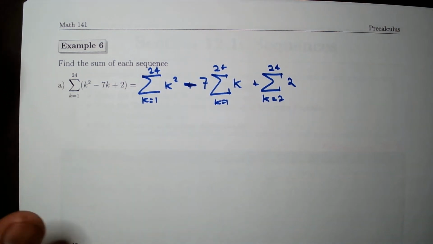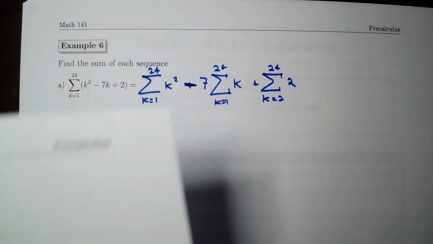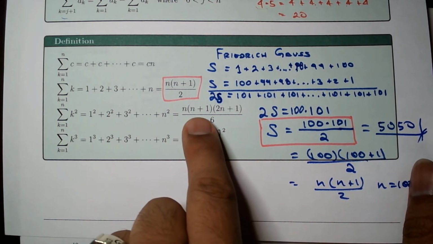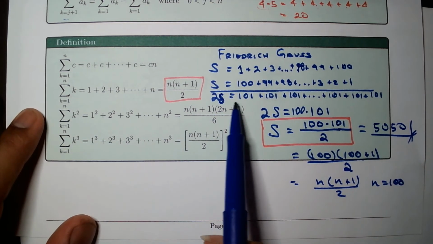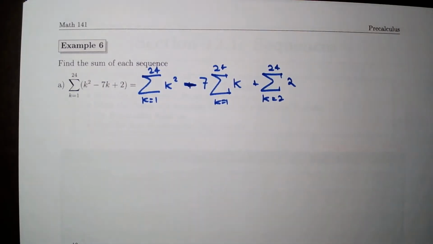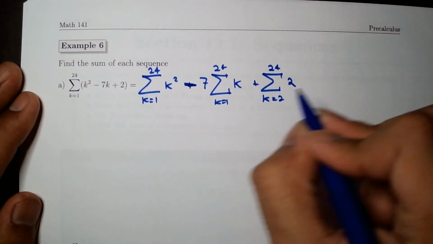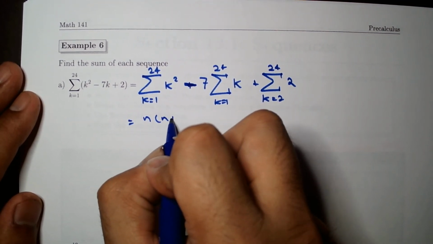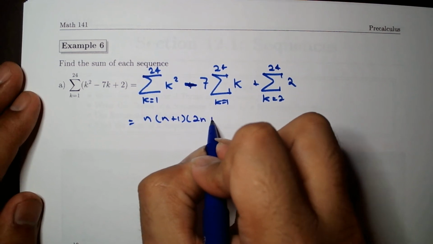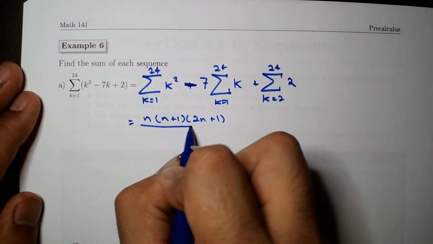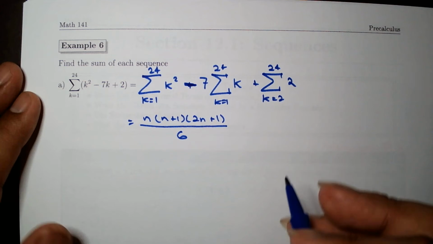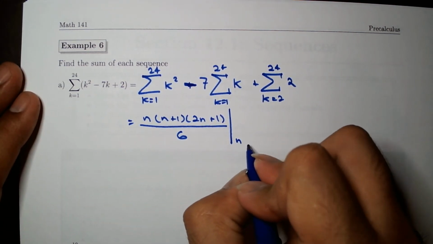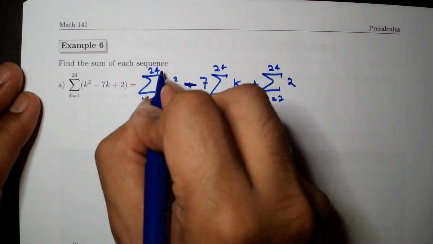Alright, now I'm going to use the properties of sums. The sum of the first n perfect squares is going to be n times n plus 1 times 2n plus 1 divided by 6. I'm going to put this bar right here to indicate that this expression will be evaluated at n equals 24.